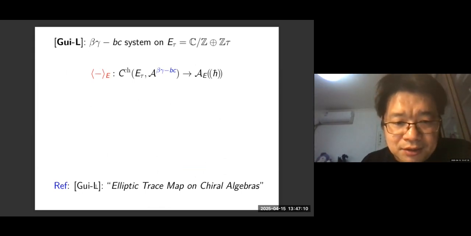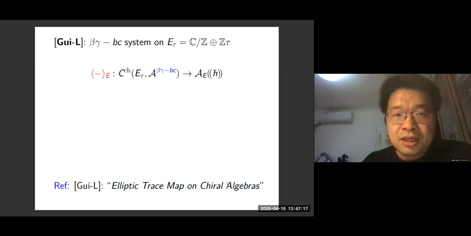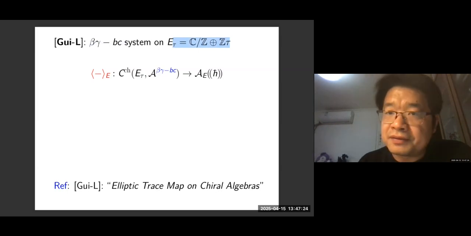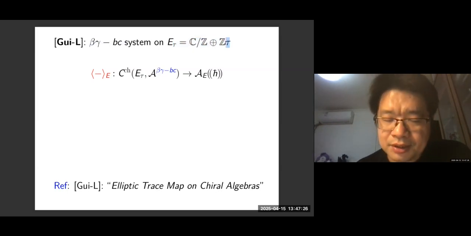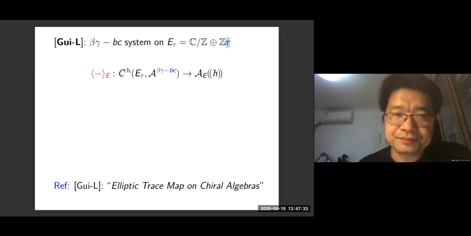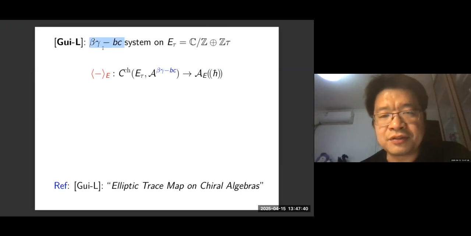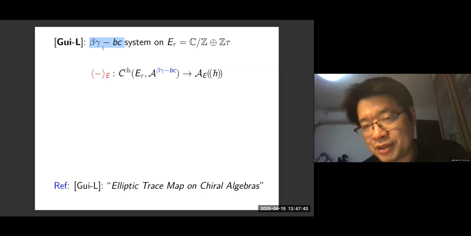It comes from work with my former student, Zheng Ping Gui, on the elliptic trace map on chiral algebras. We work with the beta gamma or BC system on an elliptic curve, where tau is a point on the upper half plane, which indicates the complex moduli of this elliptic curve. So we basically look at the chiral analog of differential operators or Clifford algebras.